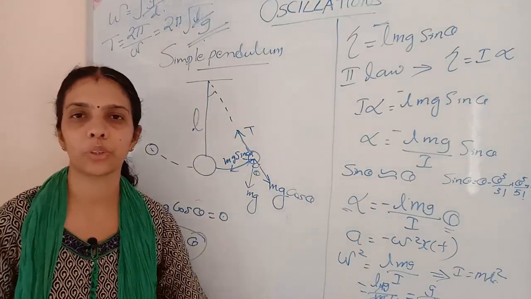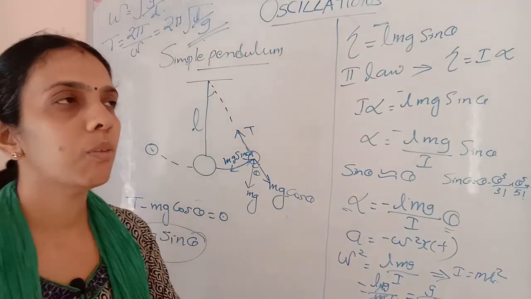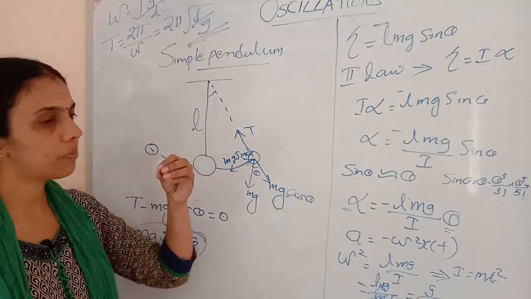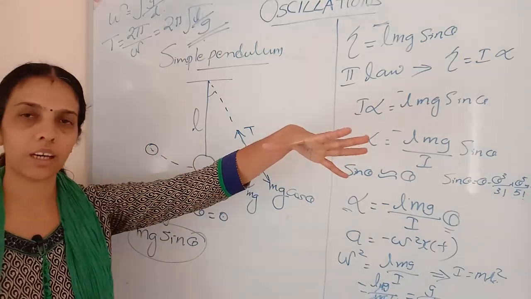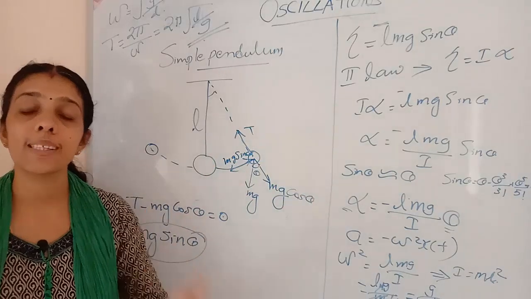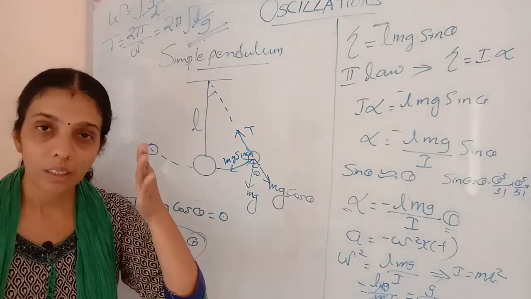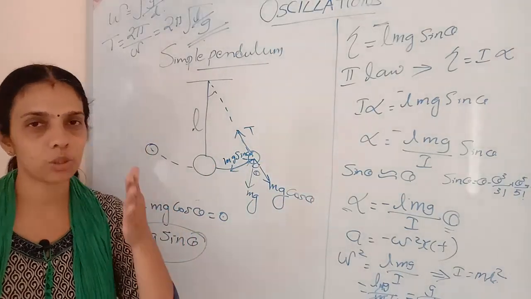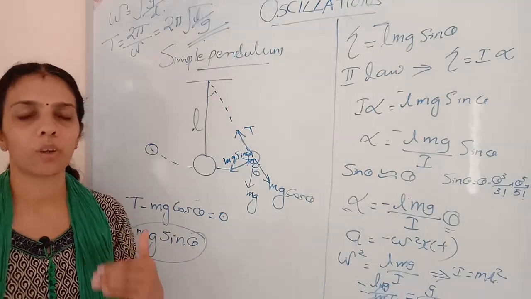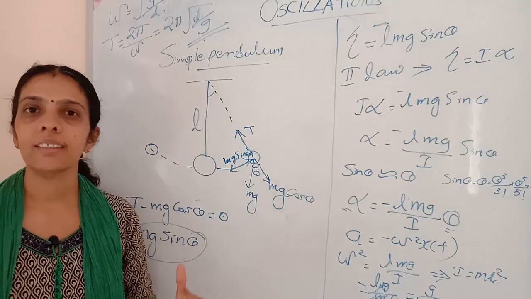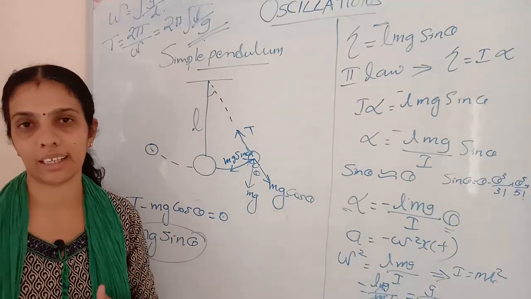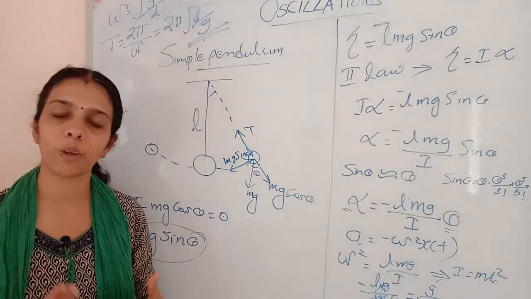Next we are going to find out what restrictions come in. After we release the bob from here, what will happen? It will oscillate. After some time, this oscillation will come to rest position, isn't it? That bob will come to rest position. What is the reason for that? Because air or viscous resistance, frictional force, all those things are there, or viscous force will be acting because of the fluid.